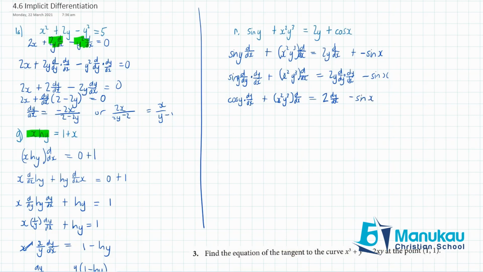Okay, now we're ready to deal with this bit here, which is going to require the product rule. Okay, so I'll just pop this here, cosine y dy dx plus. Now, it's going to be x squared, and then I'm going to apply d dx to my y cubed.